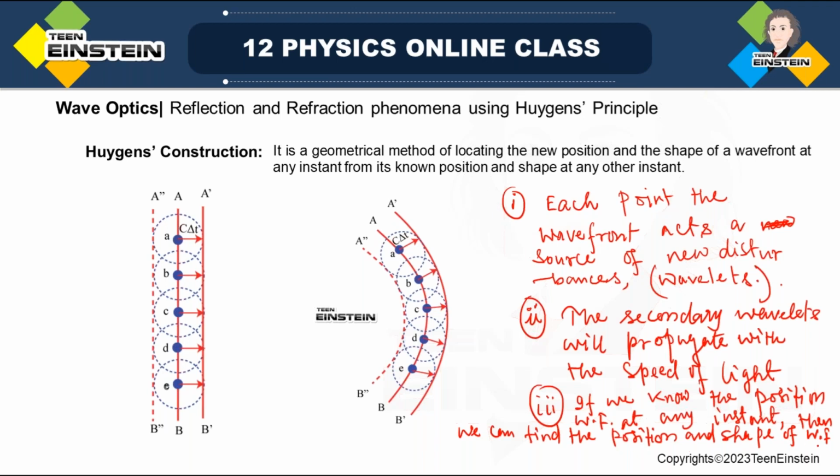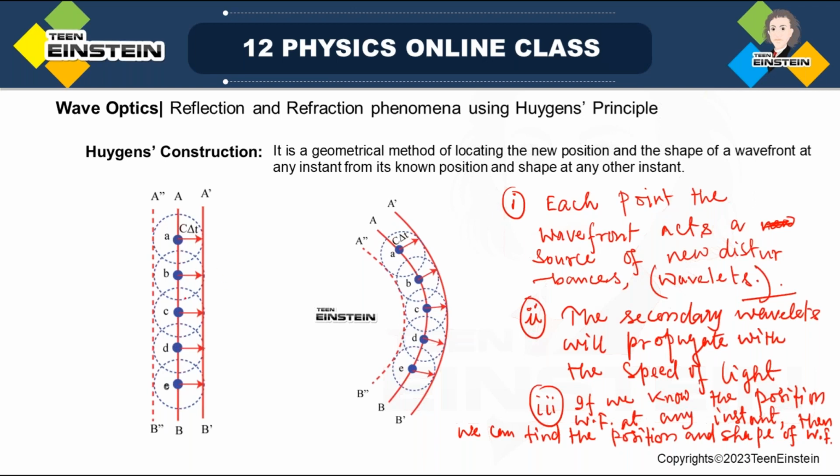So I'll just repeat: each point on the wavefront acts as a source of new disturbances called wavelets, and these wavelets propagate with the speed of light. And if we know the position of the wavefront at any instant, we can find out the position and the shape of the wavefront at any later instant of time.